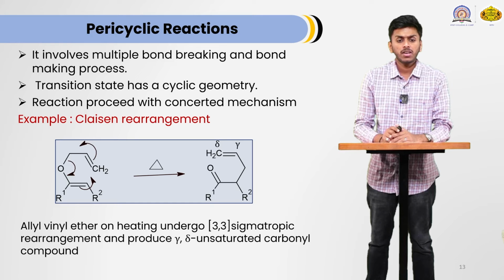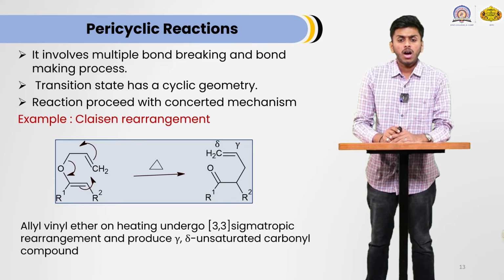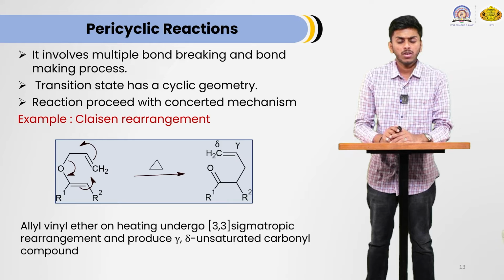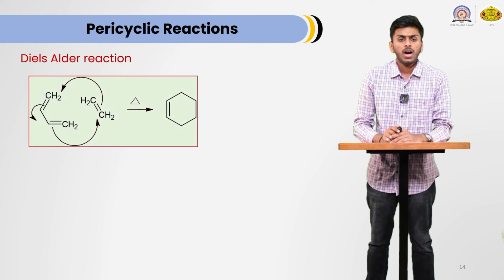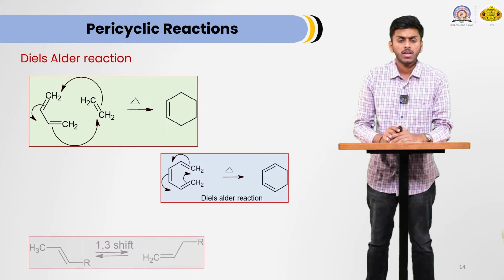Here, allyl vinyl ether on heating undergoes 3,3 sigmatropic rearrangement reaction and produces an unsaturated carbonyl compound. The reaction is carried out thermally, and we get an unsaturated carbonyl compound as the final product. Another example of a pericyclic reaction is Diels-Alder reaction.